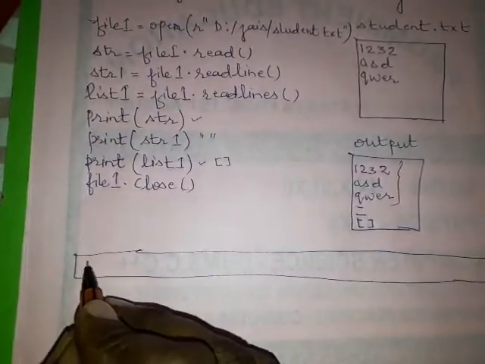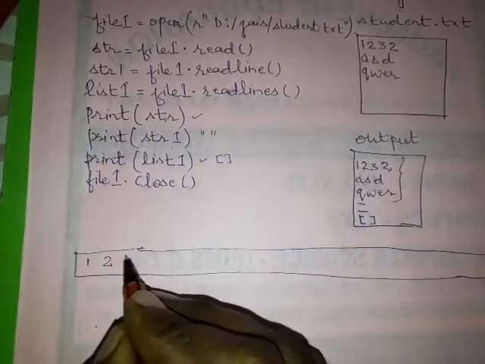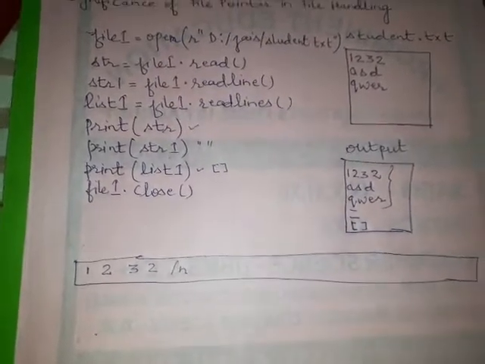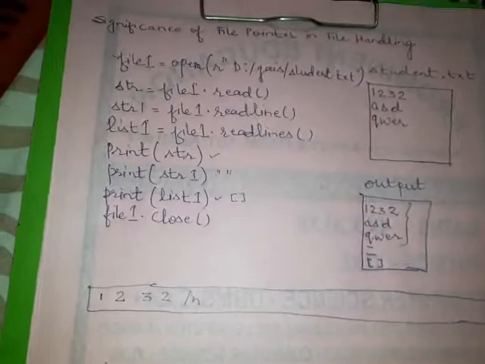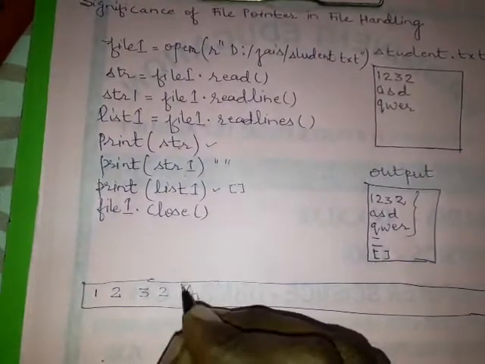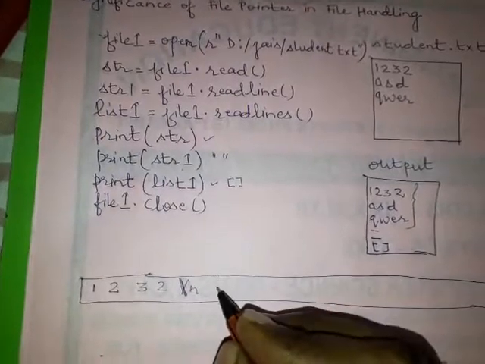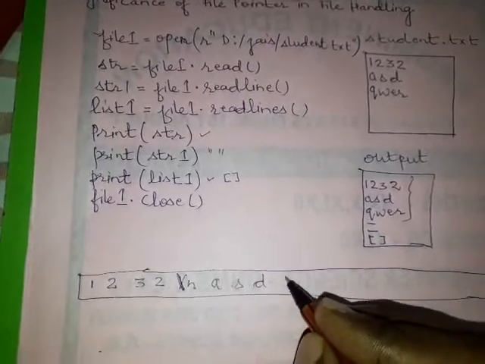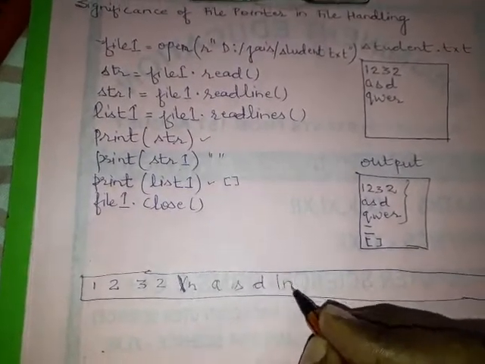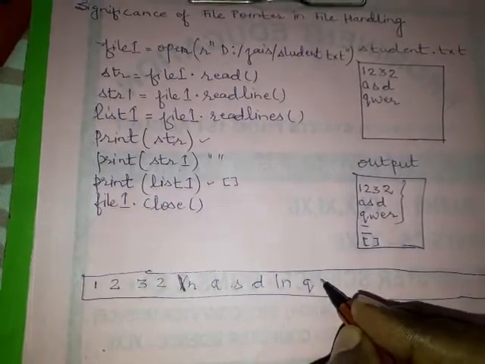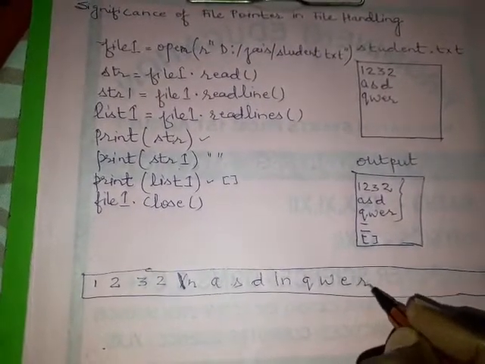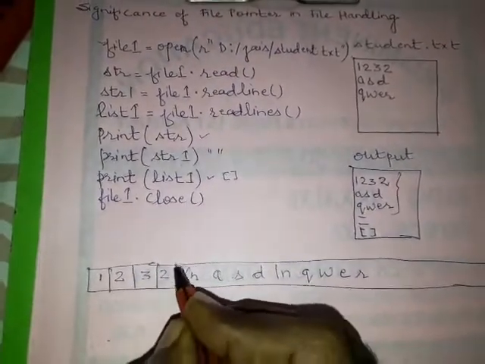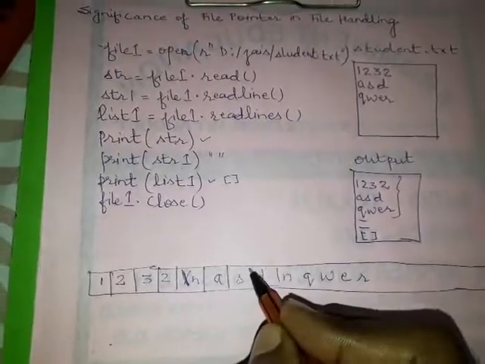First one is 1, 2, 3, 2, then new line, backslash n, then A, S, D, then again backslash n, new line, then Q, W, E, R. Okay, these are the content of our file. It is written something like this in a memory area.